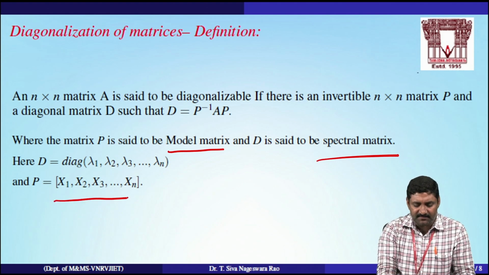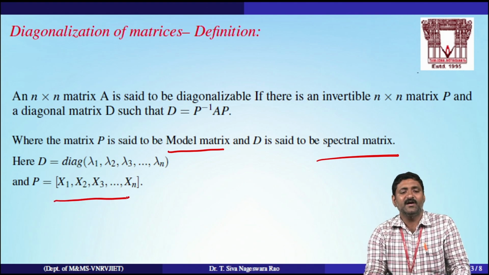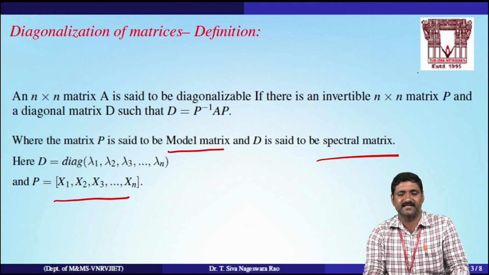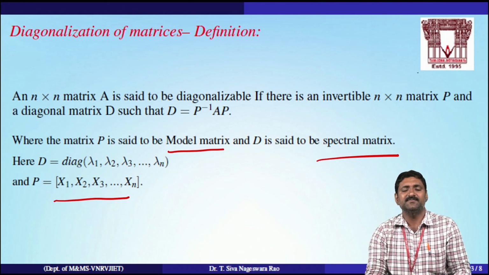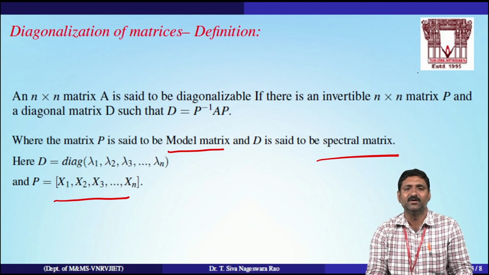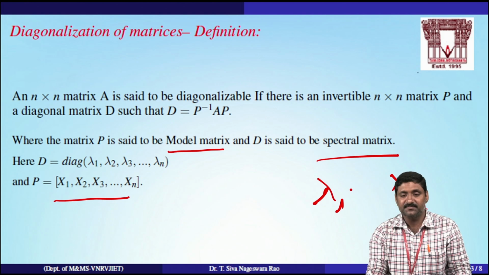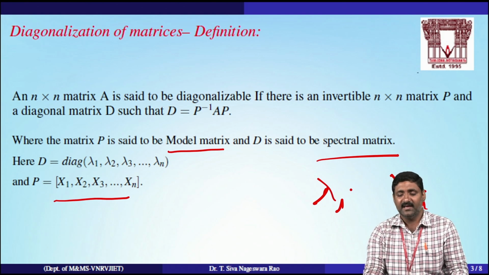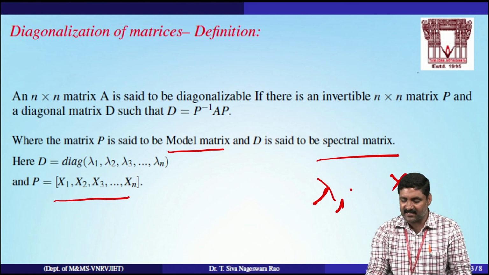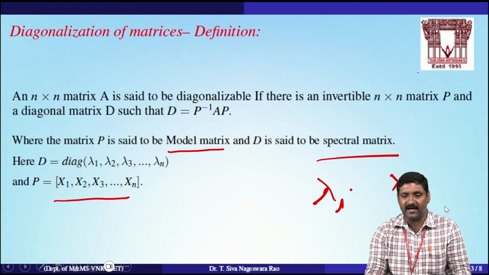Here if you observe capital P, x1, x2, x3 and so on, xn. It means corresponding to each eigenvalue lambda i, there exists the corresponding eigenvector xi.